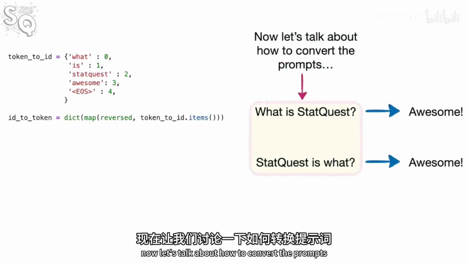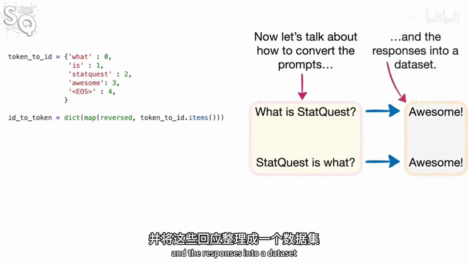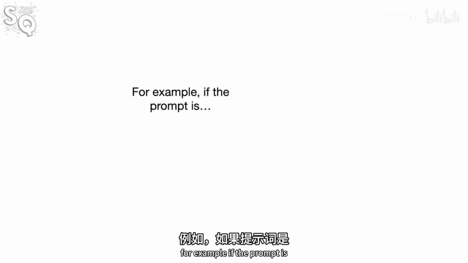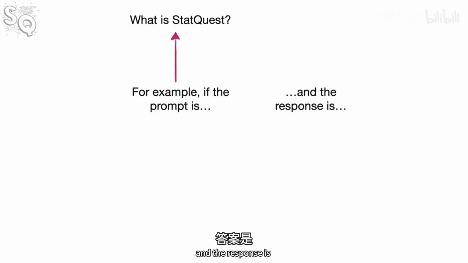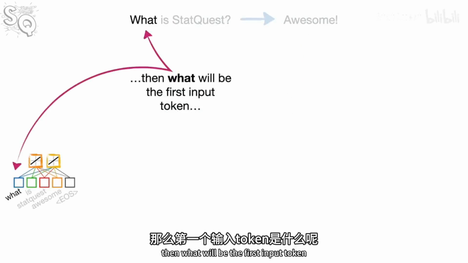Now let's talk about how to convert the prompts and the responses into a dataset. For example, if the prompt is, what is StatQuest? And the response is, awesome, then what will be the first input token?